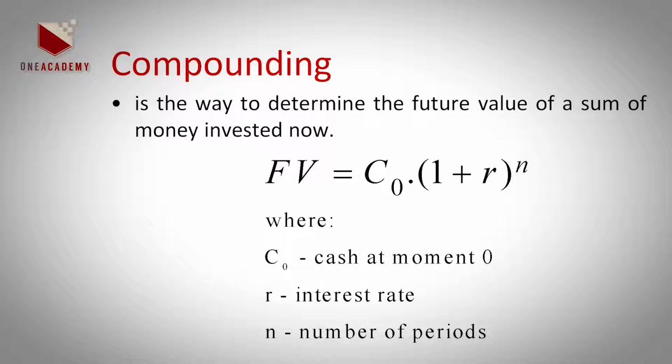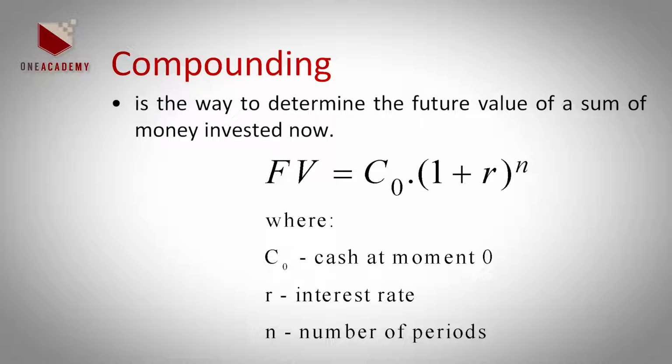When we're speaking about future value, this is the very simple formula for calculating it. It is the value of cash flow after several periods of compounding. So let me explain the formula. First of all, FV obviously corresponds to future value.